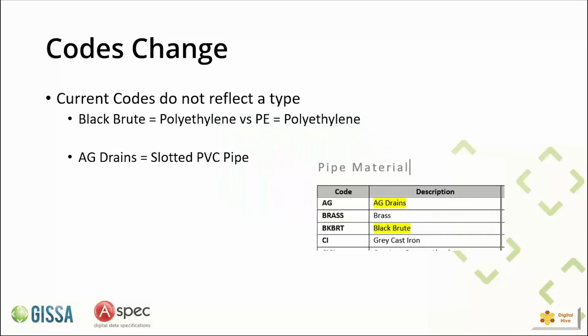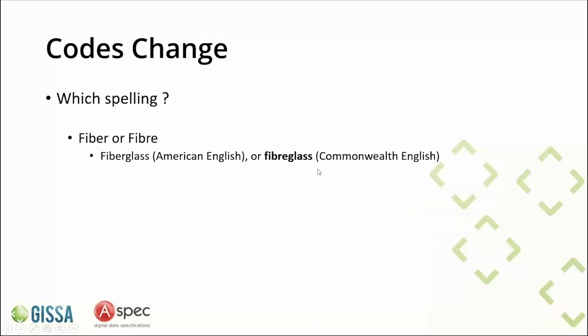I'm just going to bring up my Word documents so I can refer to things a bit later on. Okay, now this is just an FYI. Sometimes we get requests about spelling, and here's a good example, fibre versus fiber.